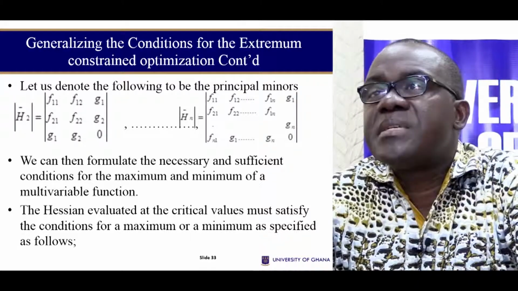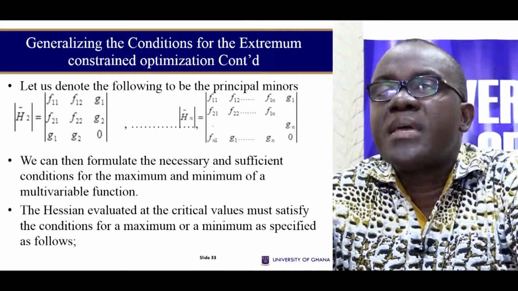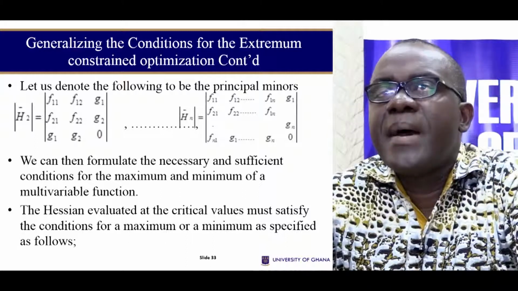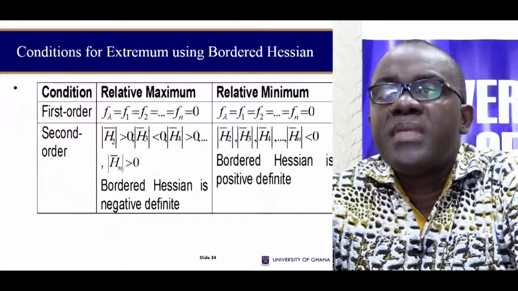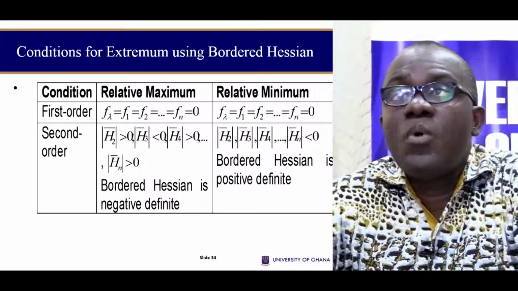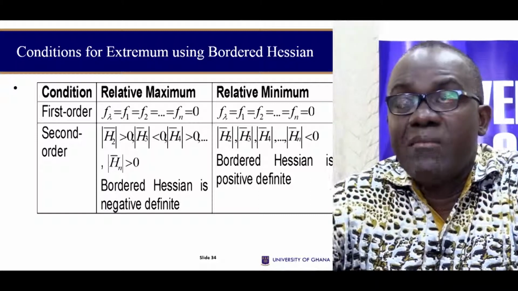The first principal minor is what we have over here, and then it goes on to the n-dimensional principal minor. Then the conditions for a maximum or a minimum are what we have over here.